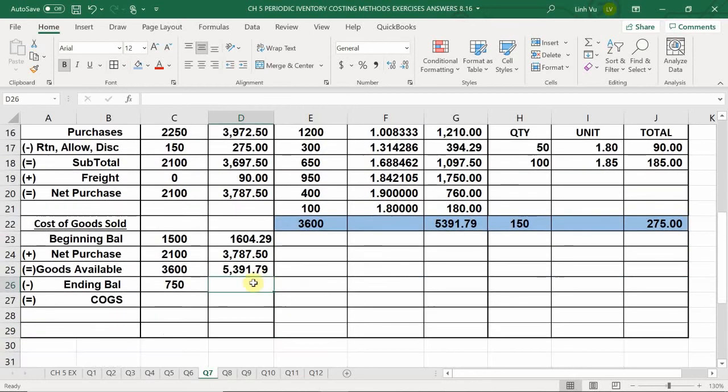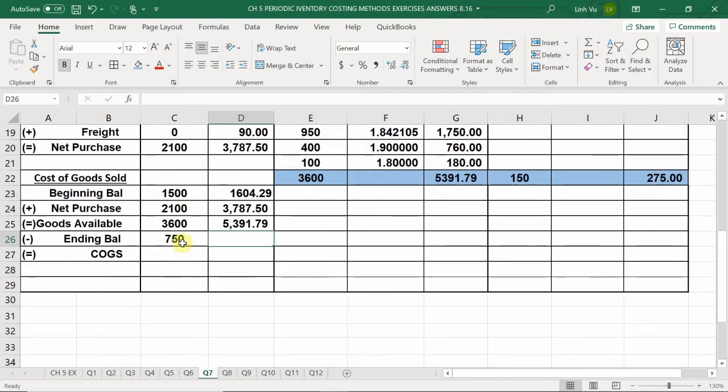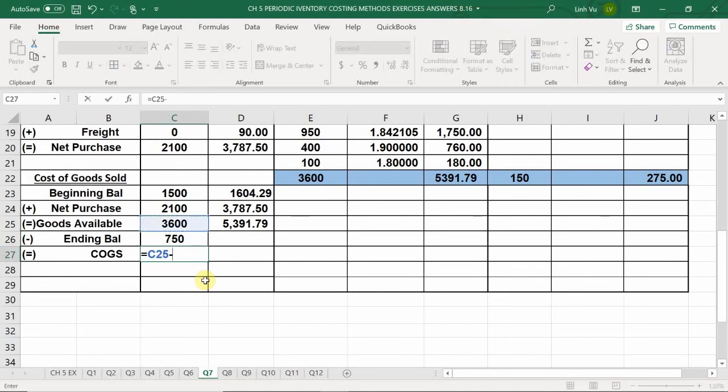Okay. So once again, we know that we have a total of 750 units remaining. And in this case, right, how many items did I sell?